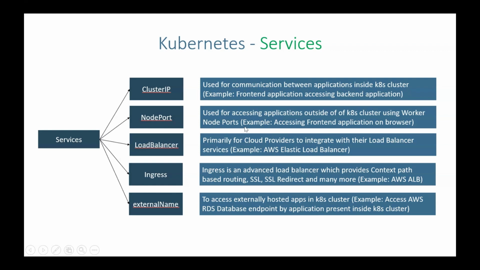Okay, like that we have NodePort. This is used to access applications outside of your Kubernetes cluster using worker node ports. If you want to access your application in a browser, then we use NodePort. This also works as a load balancer, you can say.